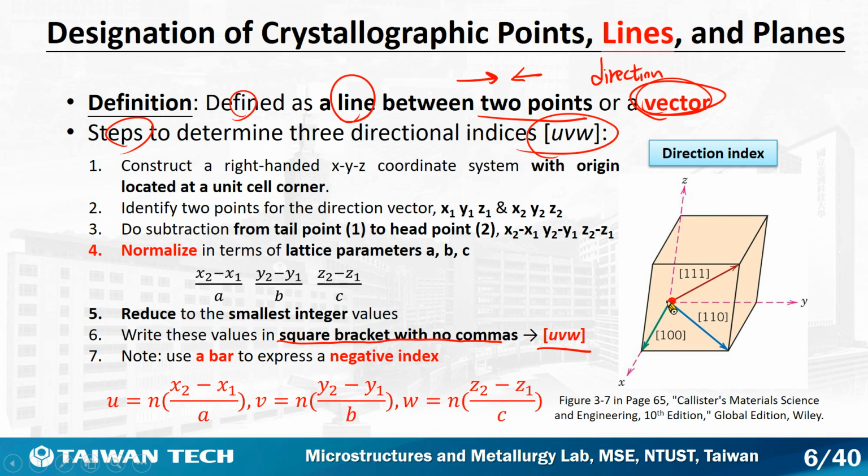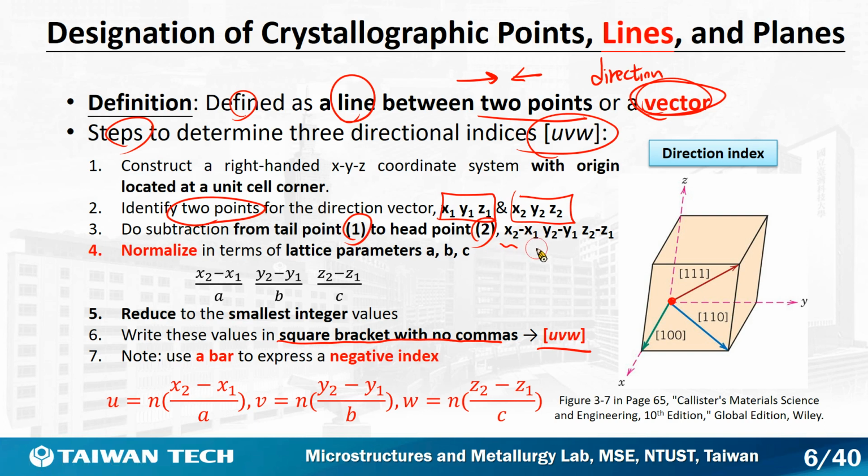And then, because we are defining a vector direction index, we need to have 2 points: x1, y1, z1, and x2, y2, z2. If the question tells you 2 points, then you need to use that to get a vector. This is step 3. We do subtraction from tail point to head point.